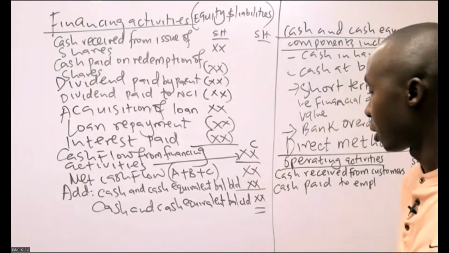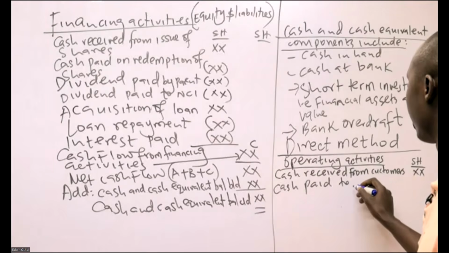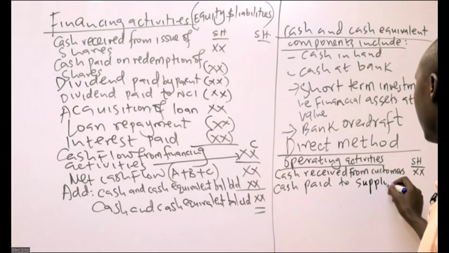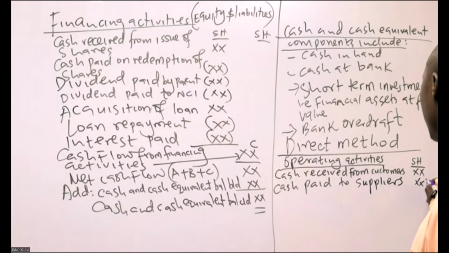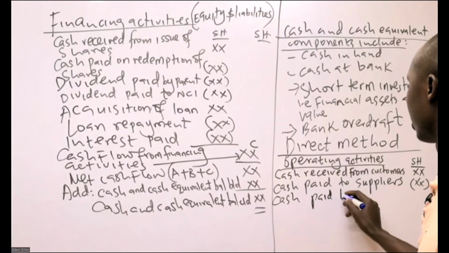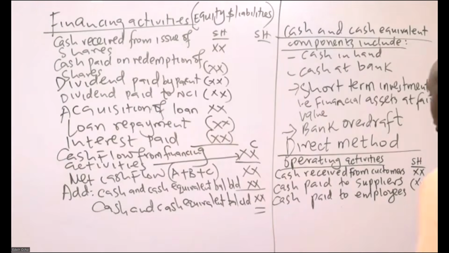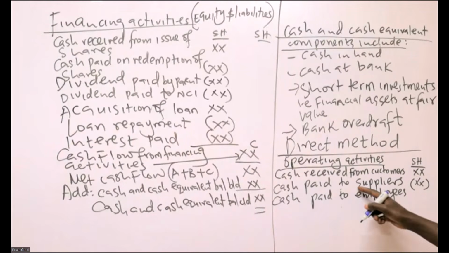Or we can mention first suppliers, cash paid to suppliers. Then we talk about cash paid to employees. So we have seen cash received from customers, cash paid to suppliers, cash paid to employees.